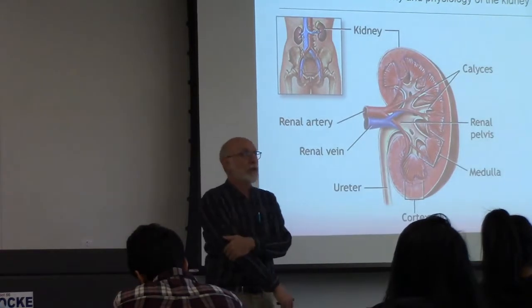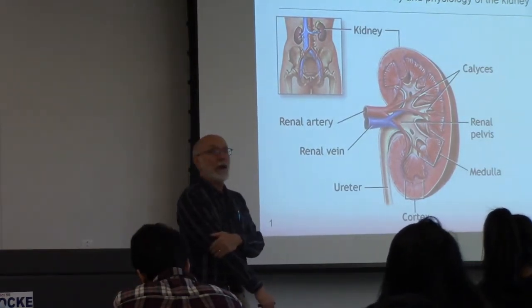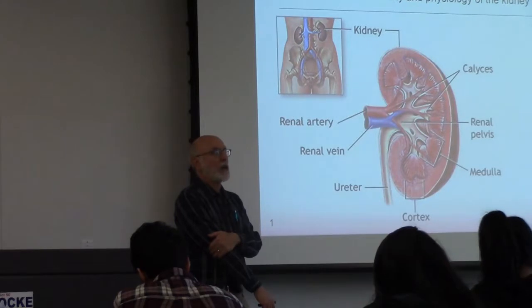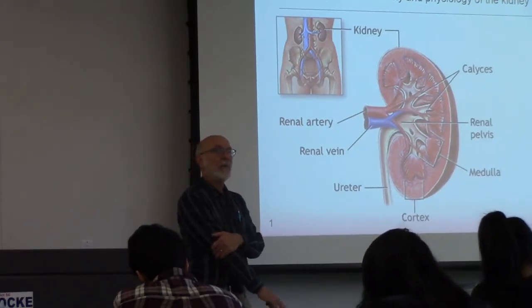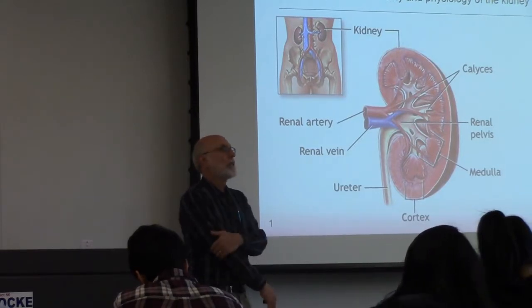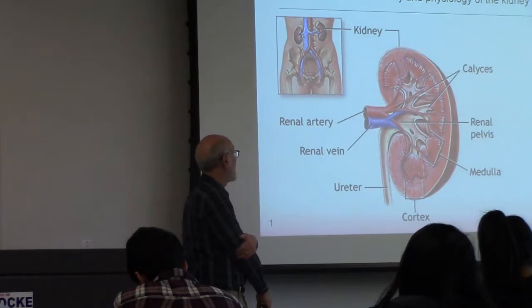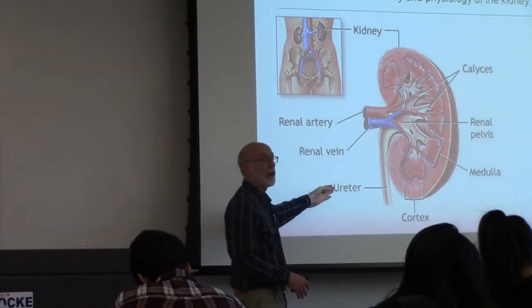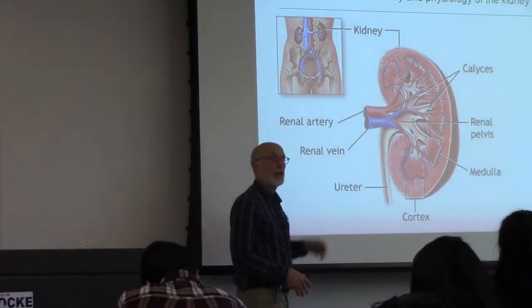The ureter goes to the urinary bladder. We're not going to talk too much about the bladder. We'll probably look for it in the cadaver. The bladder is just a muscular bag, not that interesting. So the ureter is the tube that brings urine from the kidneys to the urinary bladder.